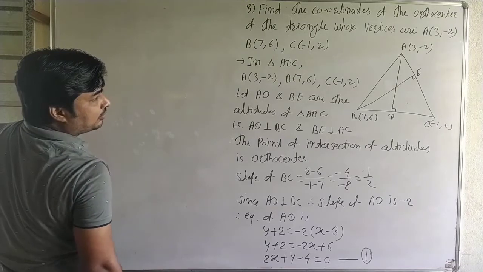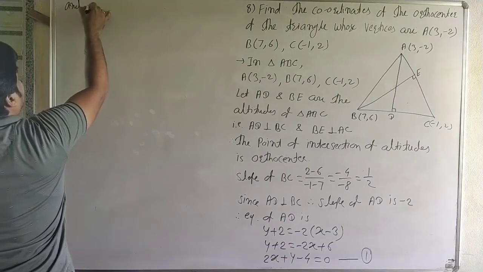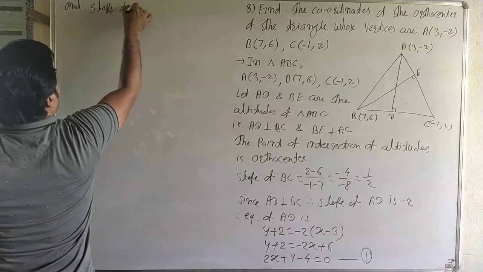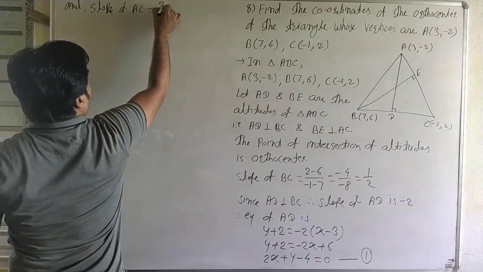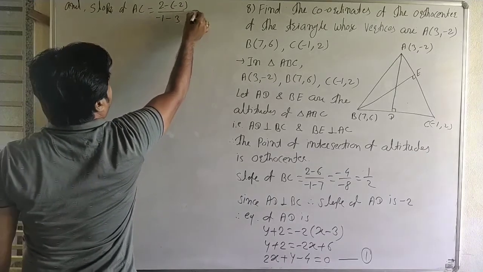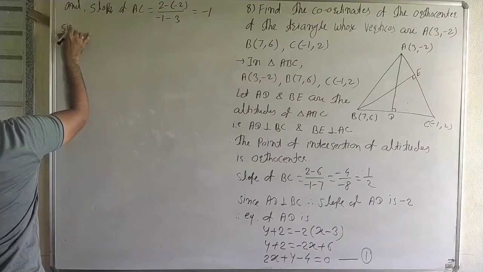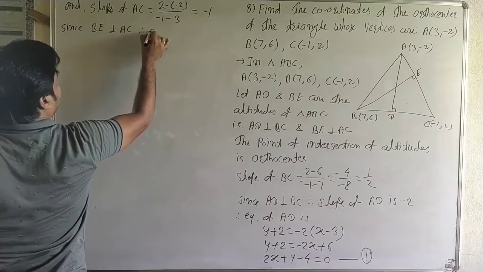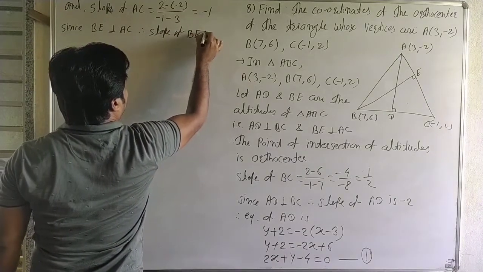Now to find the equation of BE, the slope of AC is (x2 minus x1 style) 2 minus -2 upon -1 minus 3, that is 4 upon -4, which is -1. Since BE is perpendicular to AC, the slope of BE is 1.